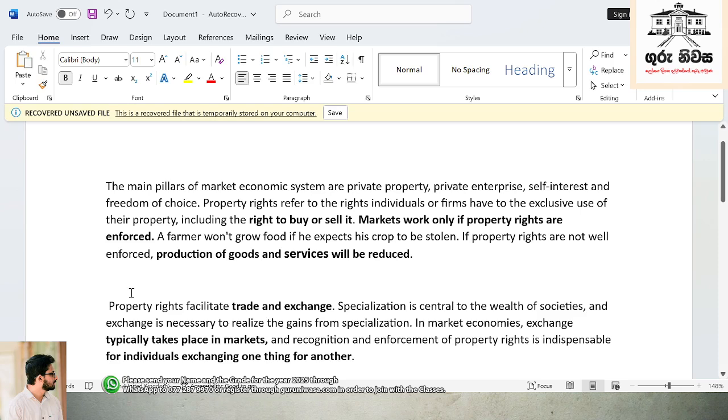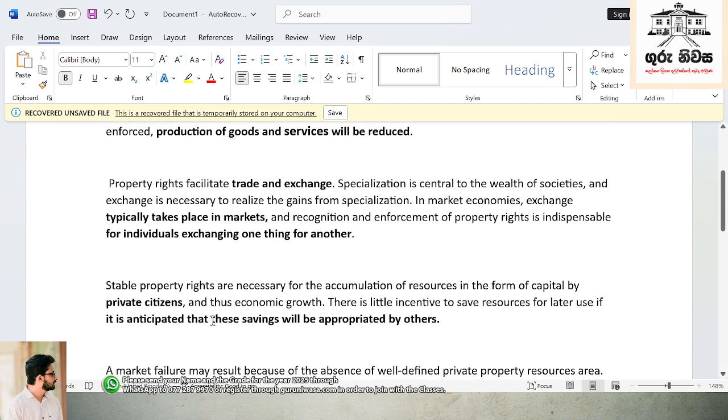If property rights are not well established or enforced, this exchange won't take place. No exchange means the entire market system doesn't work out. Another main point is that savings and investment are motivated.